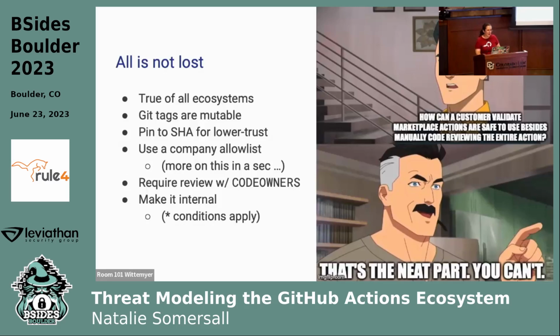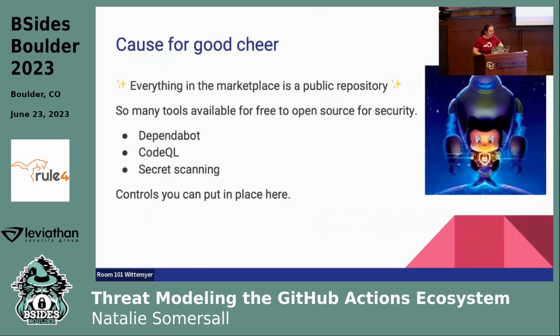We're going to talk about a company allow list more in a little bit, require review with code owners, and make it internal. If you want, conditions apply there. Basically everything in the marketplace for GitHub Actions is a public repo. In order to publish your action in the marketplace, it has to be a publicly accessible repository in GitHub.